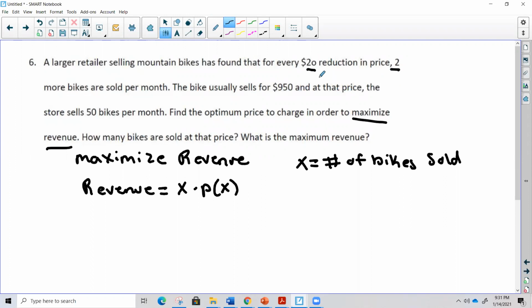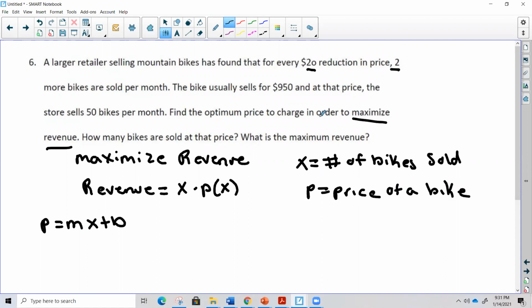It's always that the price is going down by 20 and the bikes are going up by 2. And so when we do our P function, it's going to be a line. So it's going to be in that format mx plus b. So we're just using P instead of Y. If you're more comfortable with Y, you can, it doesn't matter. But just remember, P is my price of a bike.